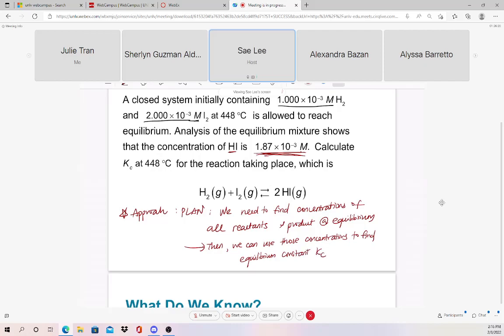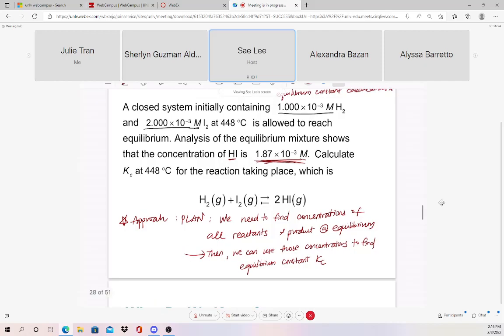Again, to summarize the situation here, we're provided initial concentrations of two of the reactants, and we're only provided the equilibrium concentration of the product. They want you to find the Kc. However, without the concentrations of reactants at equilibrium, we cannot find Kc.